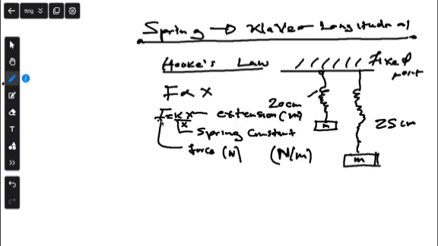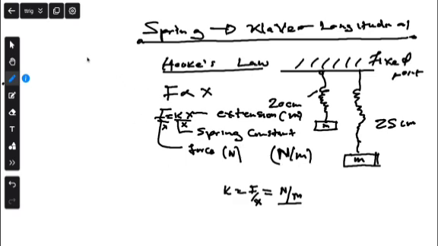So therefore K is equal to force divided by x, which is the extension. Force is measured in newtons and extension is measured in meters, and this division is the same as per. That's the reason why the constant of the spring is measured in newtons per meter. So that one is very, very important to understand.